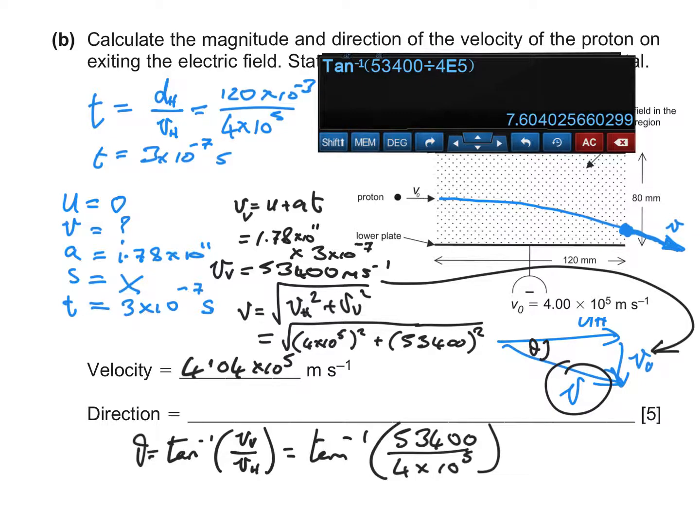Be aware that if you're taking trig functions, you better be in degree mode on your calculator. And you need to be specific that this angle of 7.60 degrees is below the horizontal.